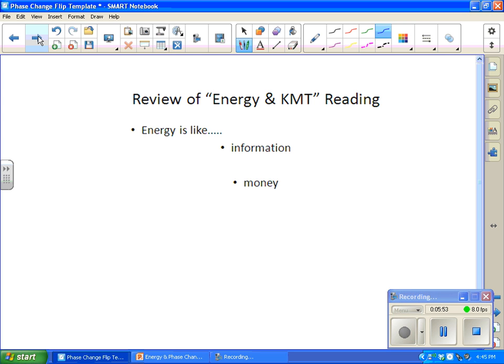Energy is like money. You can have money stored in your credit card. It's stored in your checking account. It's stored in the cash that you have in your wallet. But none of those are really the money itself. Those are just ways of storing the idea or the concept of money, a quantity of money.